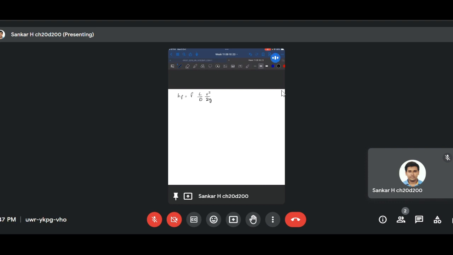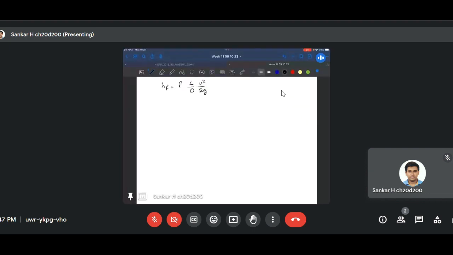Okay, you will get the equation of hf to be equal to 32 mu L V by rho g D square, and hf is also given by 32 mu times L times V by rho g D square. So all we need to do is rearrange and dimensionally analyze which best matches the value for the friction factor.